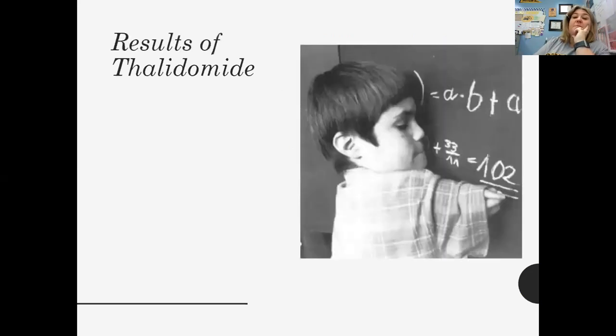And a lot of children born as a result of the enantiomer of thalidomide were born missing bones in their appendages. And this is a picture of a child who suffers from thalidomide exposure. So I thought that was pretty interesting.